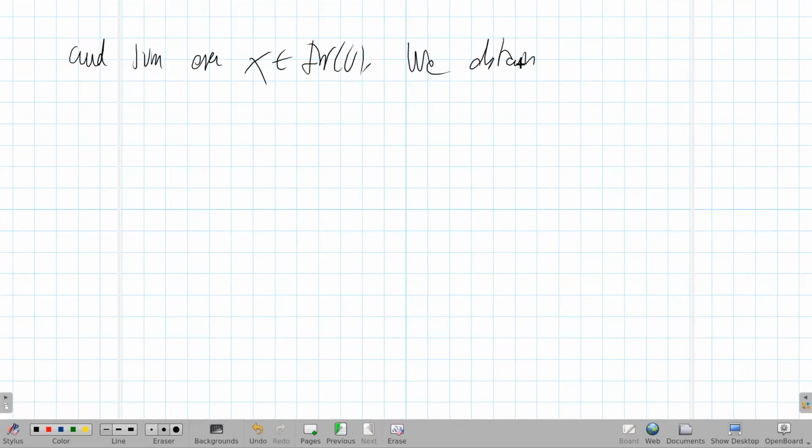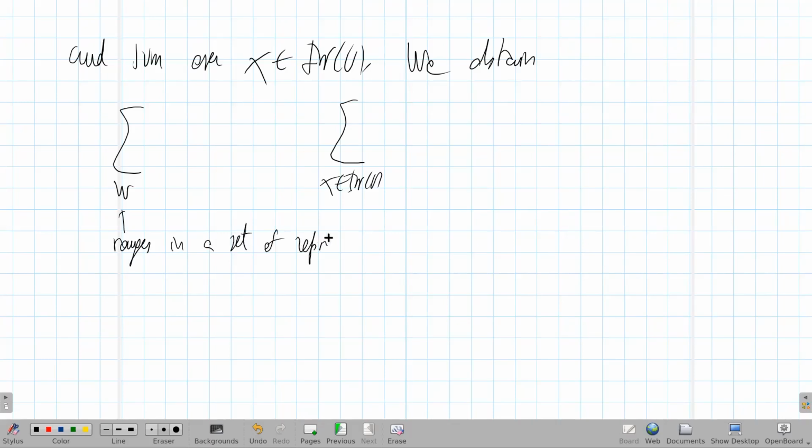We can rearrange the sum as usual, so we have two sums, one over W and one over the characters, with W ranging in a set of representatives of the conjugacy classes, one element for each conjugacy class.